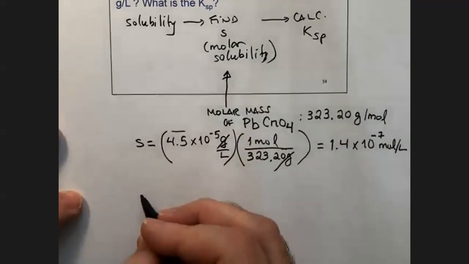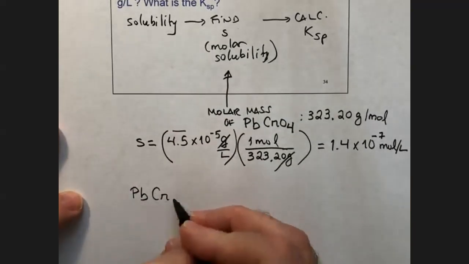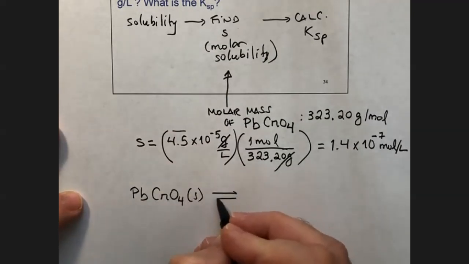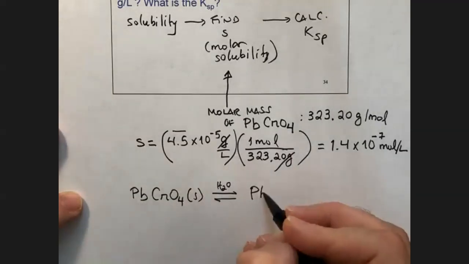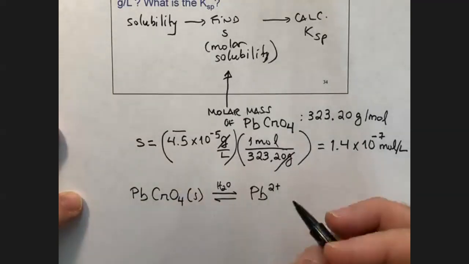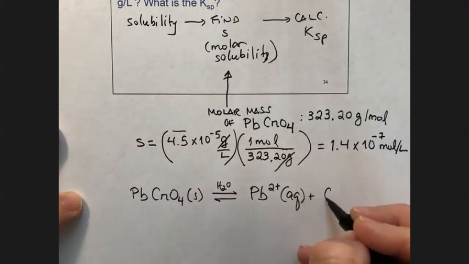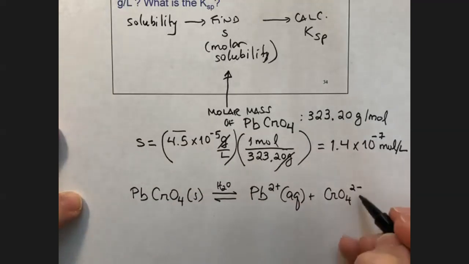So let's go ahead and write out the equation. It helps for us to keep track of things. So this is the compound lead chromate, and we said that in water, whatever portion of it dissolves dissociates into lead and chromate ions.